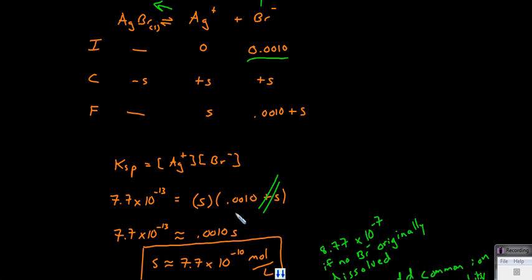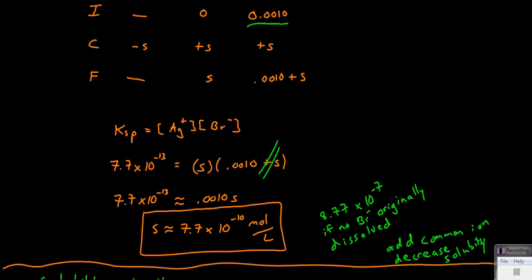We can now just consider that the KSP is very nearly equal to S times 0.0010, ignoring the plus S. So you can calculate the molar solubility here, and hence the concentration of silver as well, as being 7.7 times 10 to the negative 10 moles per liter.